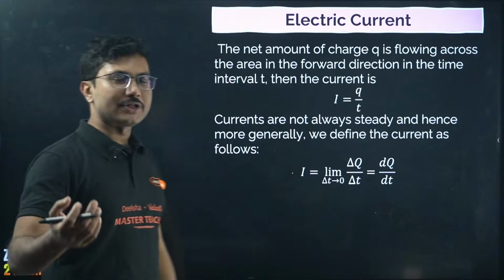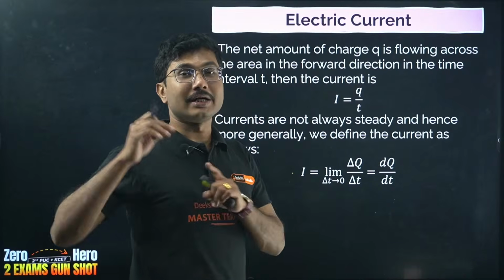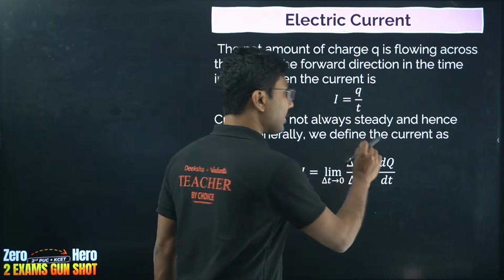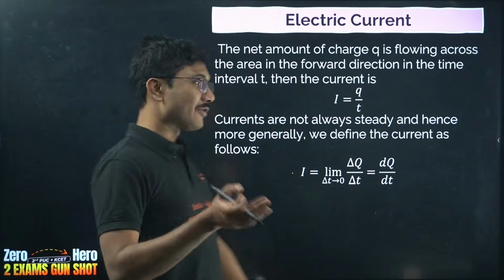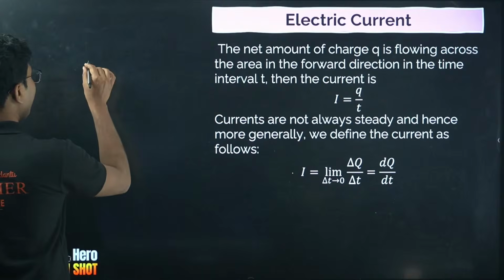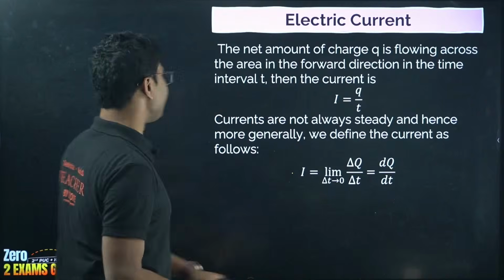Sometimes they might give you a charge that varies with time and ask you to calculate the current, so you have to differentiate the charge with respect to time. But in KCET an opposite question came, where you have to calculate the charge when a graph is given.